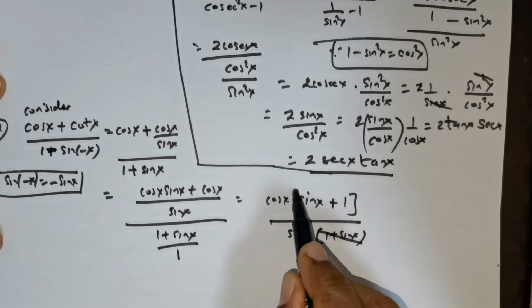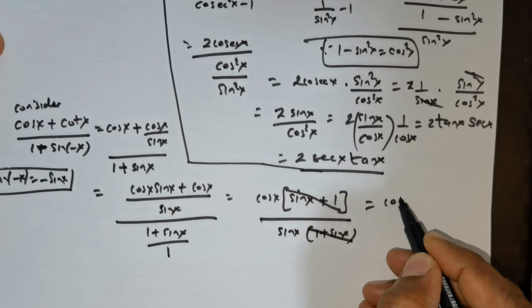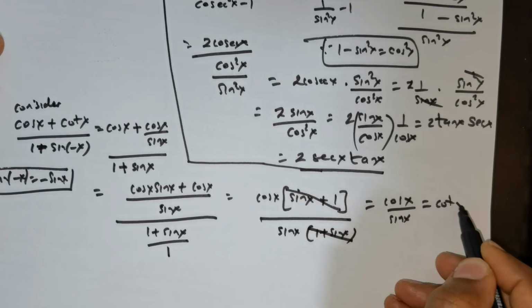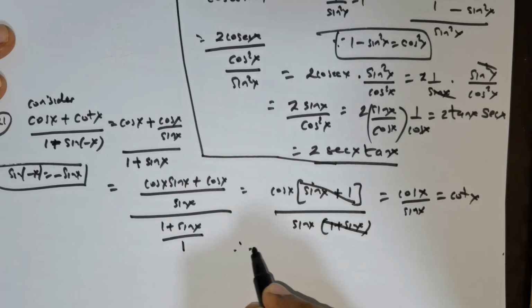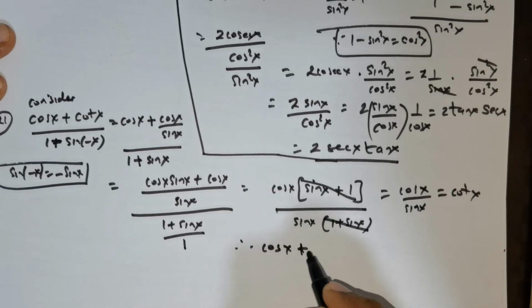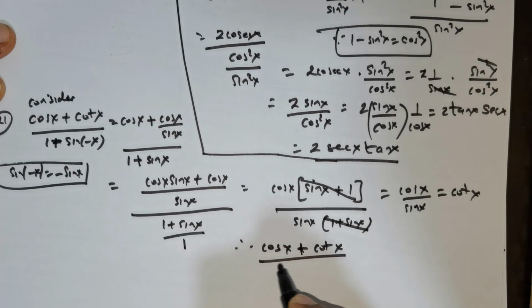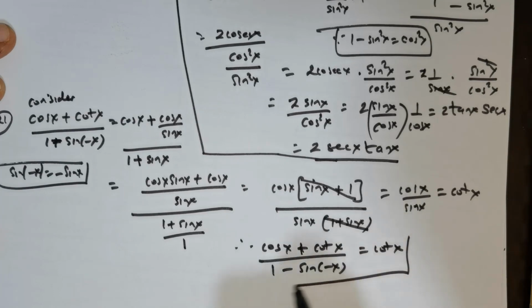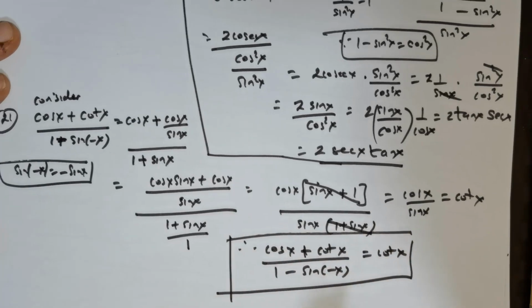Now 1 plus sine x and sine x plus 1 can be cancelled, giving you cos x over sine x, which is equal to cot x. So therefore you have this identity, cos x plus cot x divided by 1 minus sine of negative x is equal to cot x. So that is a sweet result.